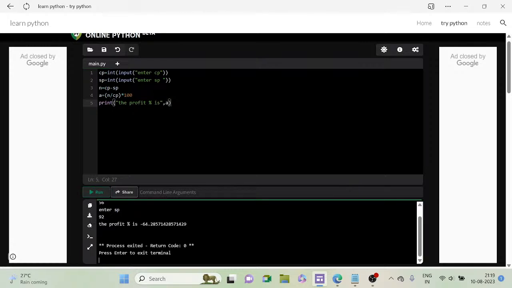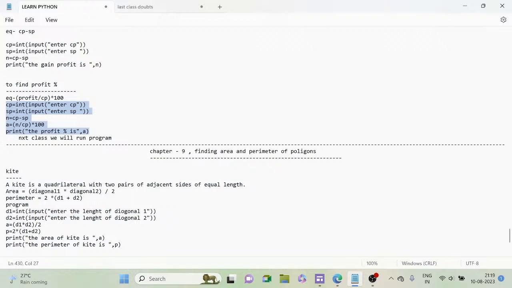The profit is 64 points. We are finding the profit percentage, so we can also give a percentage symbol. Again a comma, then in inverted quotes the percentage symbol. We have learned it in more advanced classes.